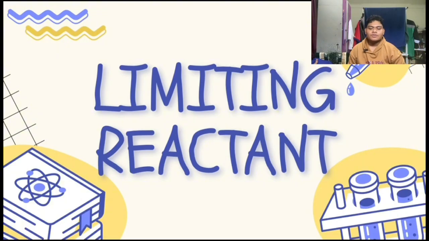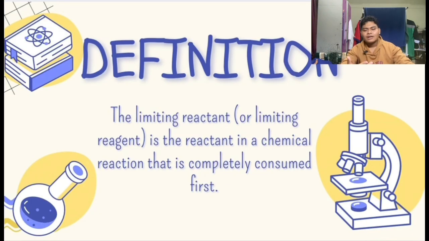All right, so let's move to the next topic, which is limiting reactant. In chemical reactions, reactants are often not present in the exact proportion required by the balanced equation. This leads to the concepts of limiting and excess reactants. The limiting reactant is a reactant that is completely consumed first in a chemical reaction.